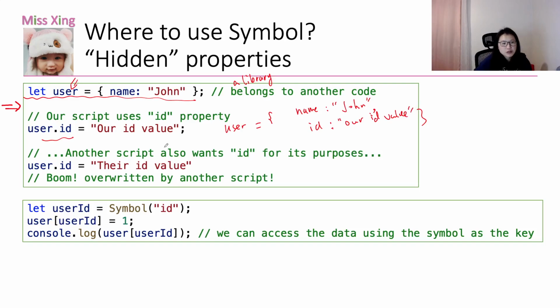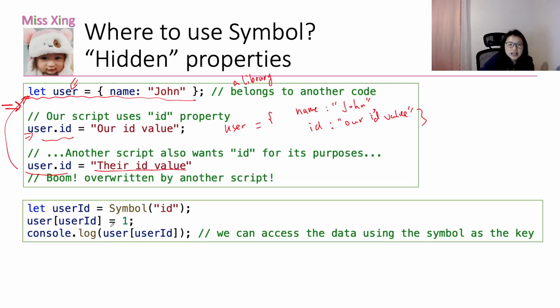Okay, like this. I should give a specific ID. So this is what your script is doing. And later on, suppose you include another library, which is a JavaScript library. And this JavaScript library depends on the user library again, and also does something like user.id equals their values.